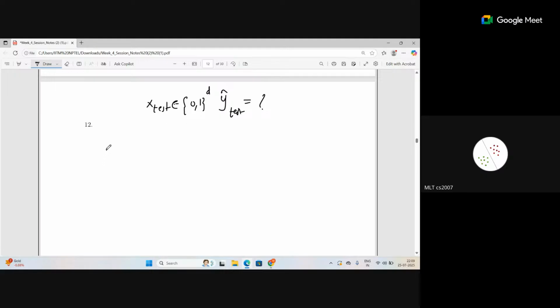What I'll do is find out the probability of Y test. I think this is okay. I'll write down whatever notation sir has used, I'll use those.